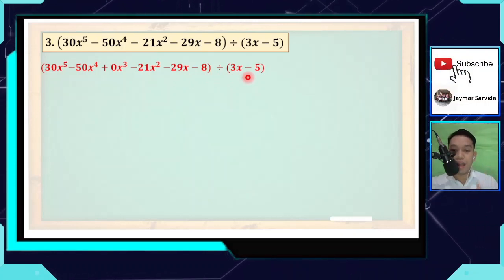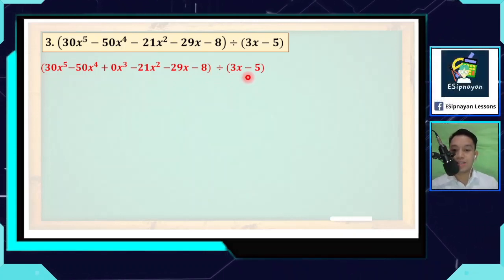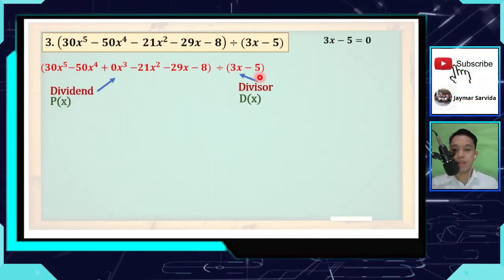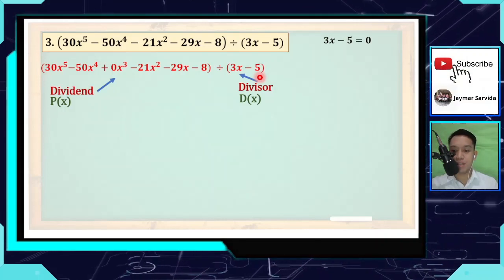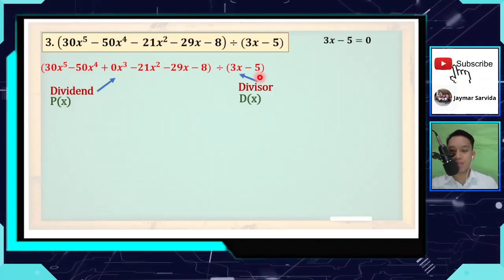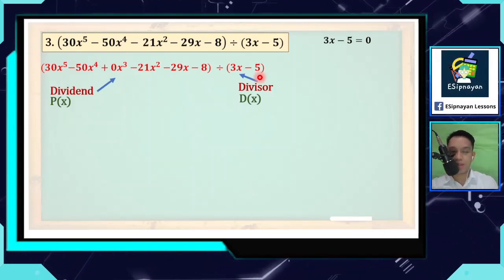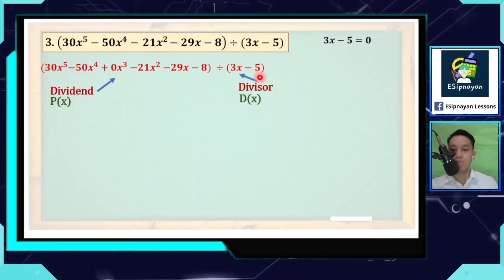Now, let's get the value of x of our divisor, which is 3x minus 5. So 3x minus 5 is our divisor, and this is our dividend. Set 3x minus 5 equals 0. Adding positive 5 to both sides, an application of the addition property of equality.